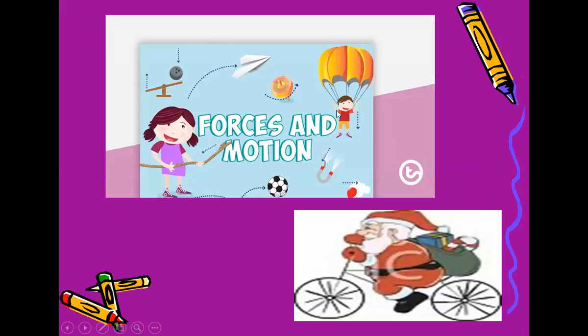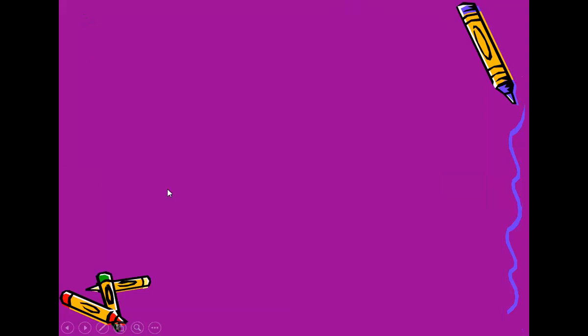Unit 1 speaks about force and motion. What's meant by motion? Can anyone tell me about motion? When you move from a start point to an end point, what is the change?